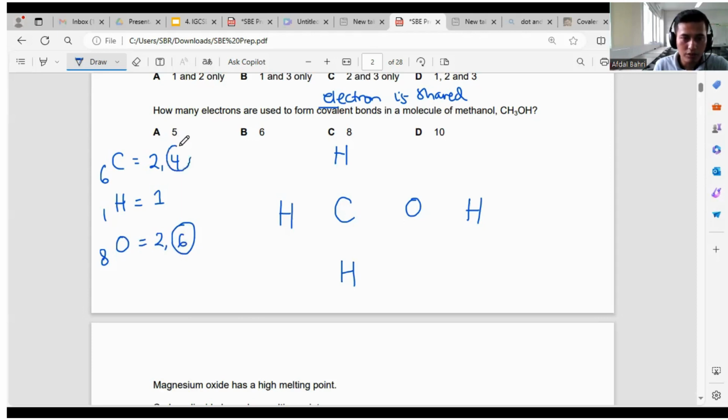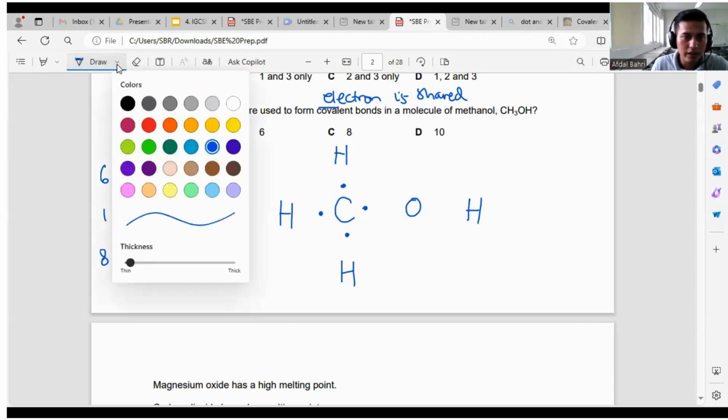Okay, I want to circle this number. This is going to be important. We must know carbon has 4 in the outer shell. So I'm going to use 4 dots. I'm going to use blue dots. Okay, I'm going to change the color.